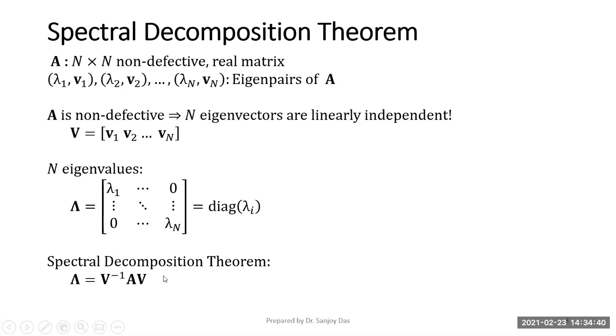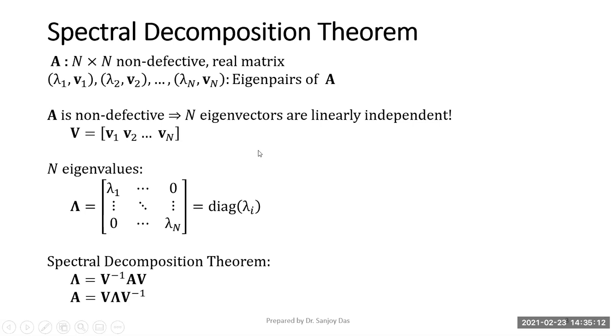So we have this relationship between lambda, V and A. Lambda equals V inverse AV, and A equals V lambda V inverse. So this matrix A can be decomposed into this form also, V lambda V inverse. Okay, so this is the spectral decomposition theorem.